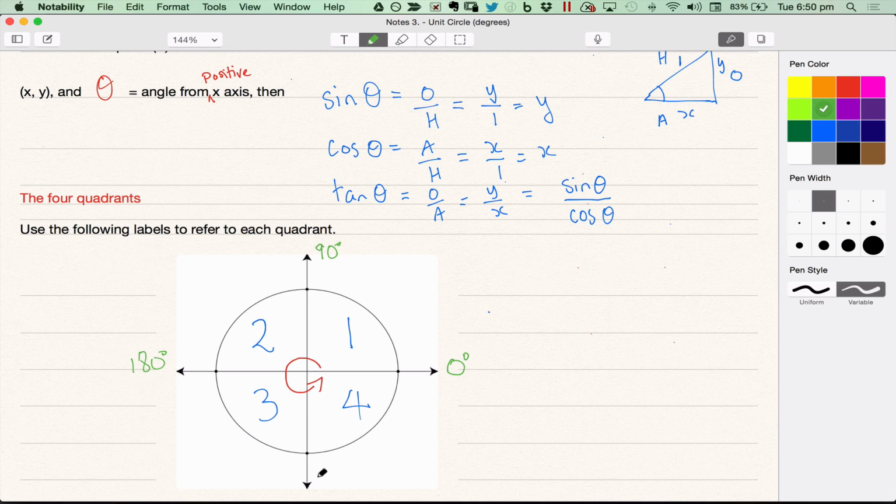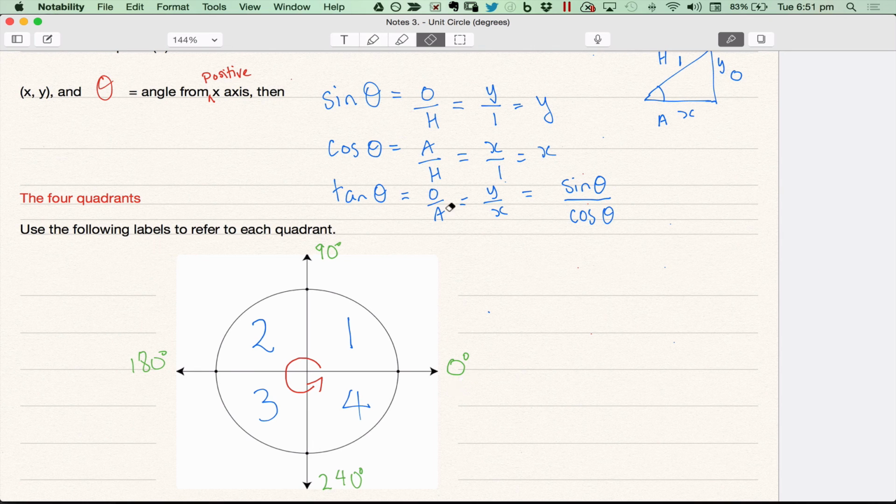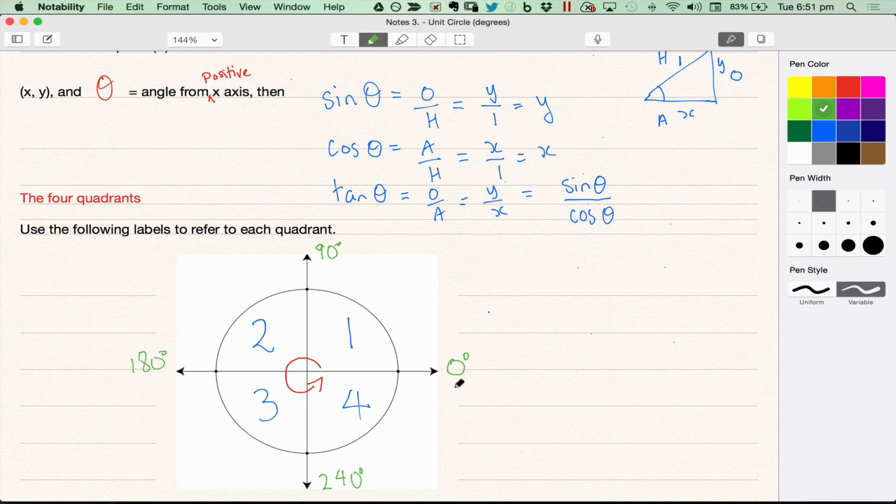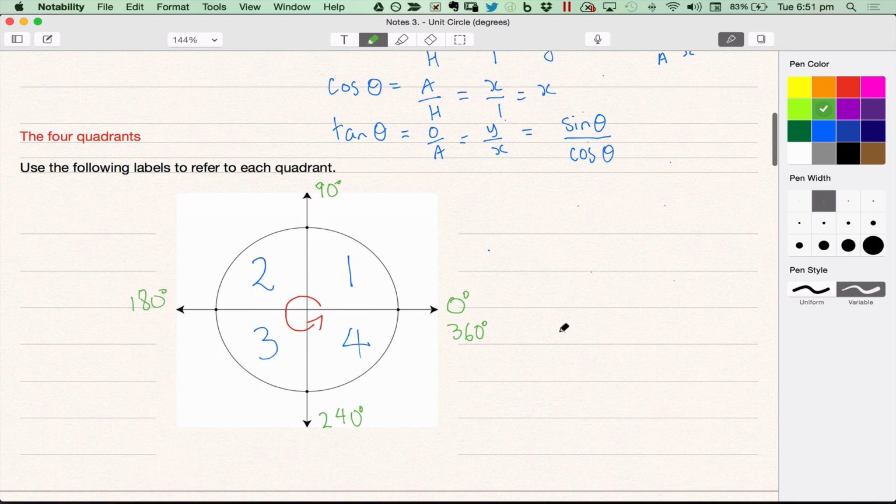Keep going around to the bottom, 240, and if we go 1 full circle, we get to 360 degrees. So this can be 360 or it can be 0, depending on how far you've gone around. Really important to know these numbers because we're going to talk about things that happen in quadrant 1, quadrant 2, quadrant 3 and quadrant 4.